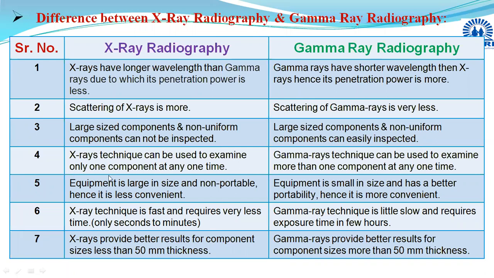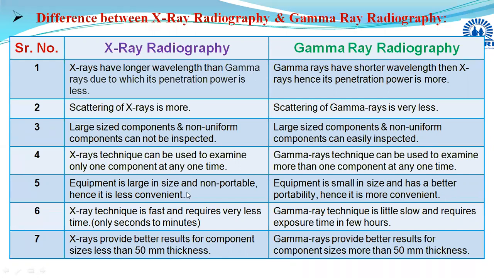Then this is a disadvantage of X-ray radiography: it is a single component technique. The X-ray technique can be used to examine only one component at any one time, but with gamma ray techniques at a single time we can examine more than one component, to see whether any kind of defect is there or it is defect free.